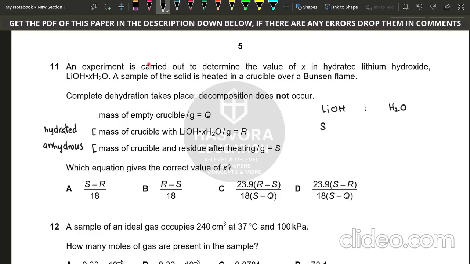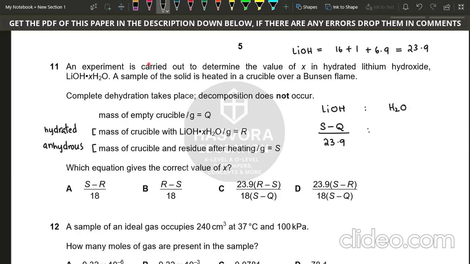So it will be S minus Q, divided by the Mr of the LiOH. Let's calculate this. Oxygen is 16, plus 1 for hydrogen, and 6.9 for your lithium. It will give you 23.9. Okay, so divided by 23.9.